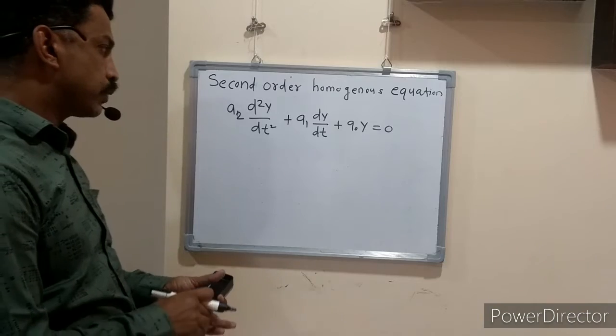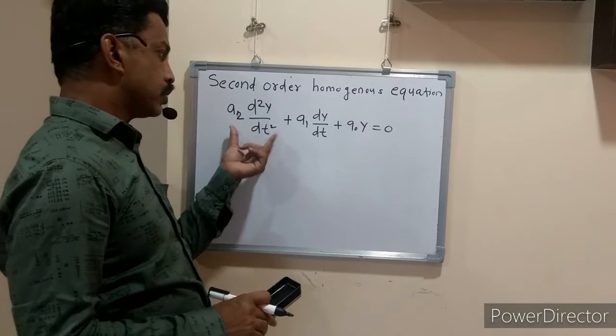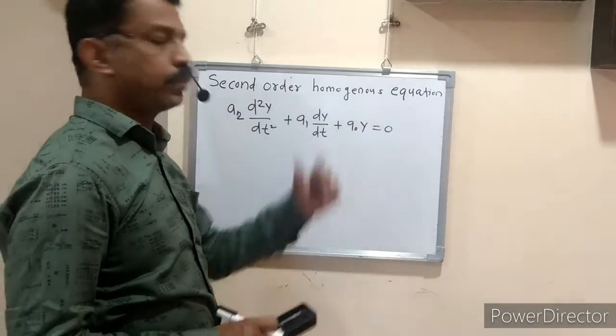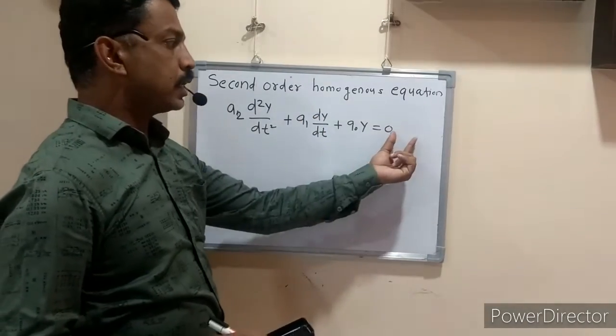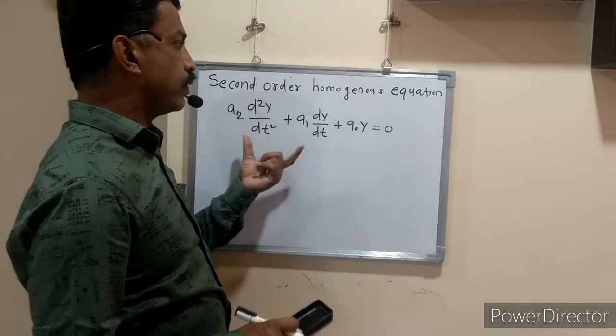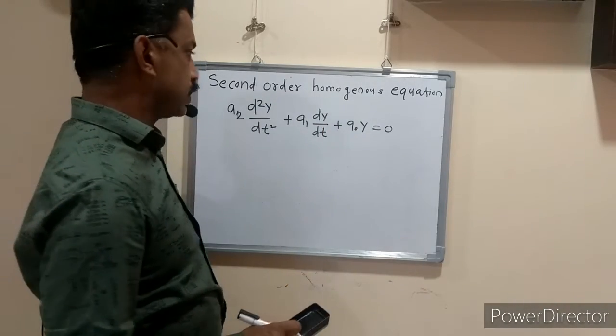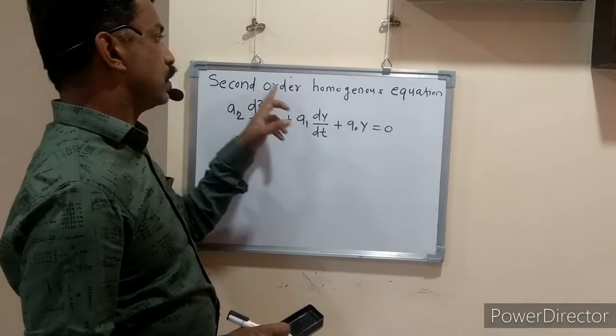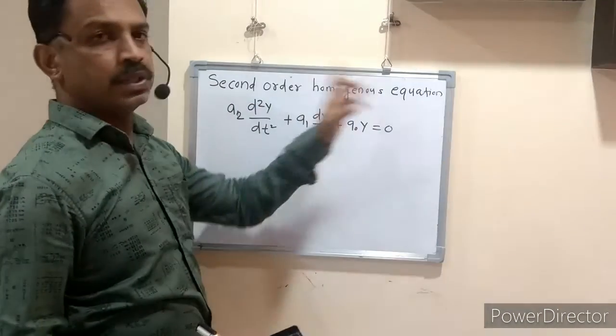Again, homogeneous equation means in this term y is present, here also the dependent term y is present, here also the dependent term y is present, and on the right side 0 is there. So such type of equation is known as homogeneous equation. Again here the highest derivative is 2, so it is known as second order homogeneous equation.